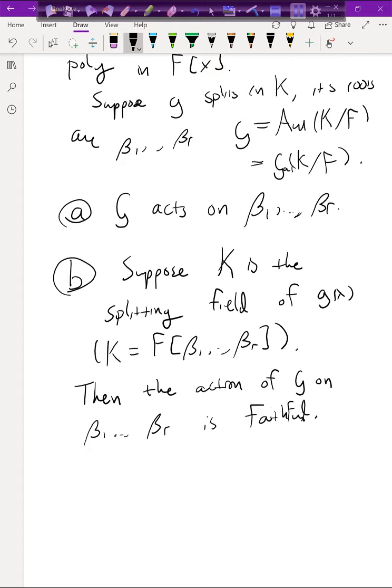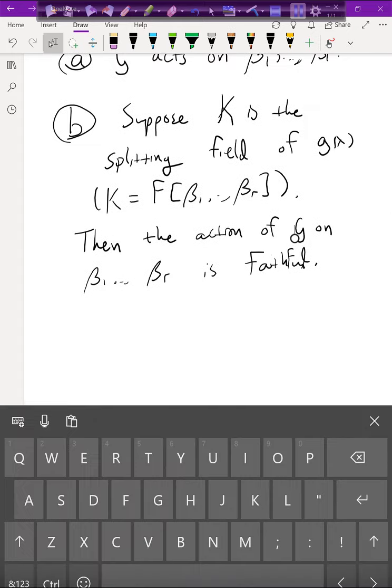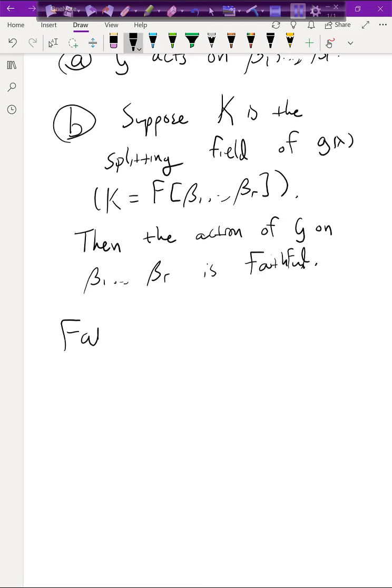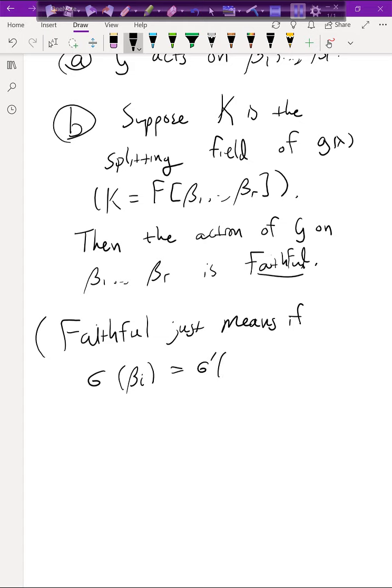Faithful just means that if sigma of beta i equals sigma prime of beta i for all beta i, and for some sigma, sigma prime in G, then sigma equals sigma prime.